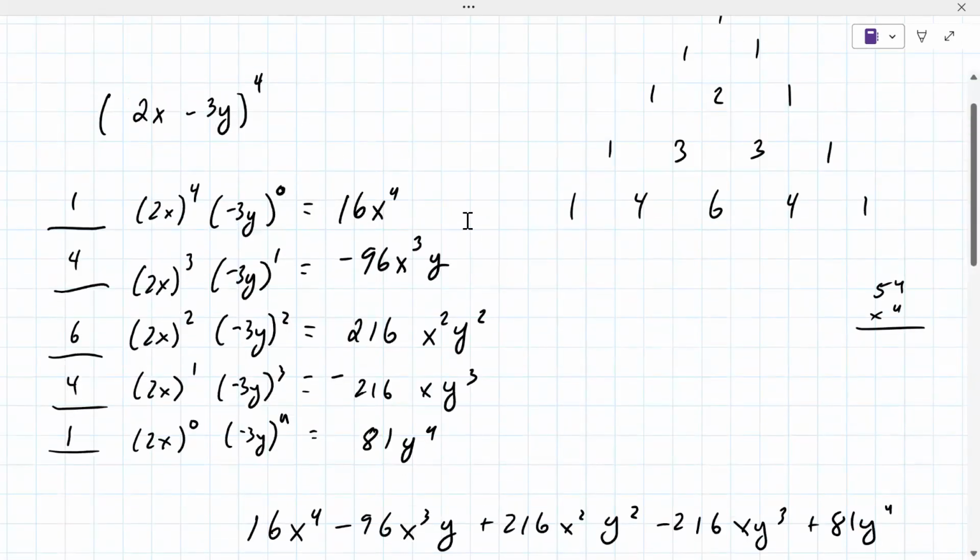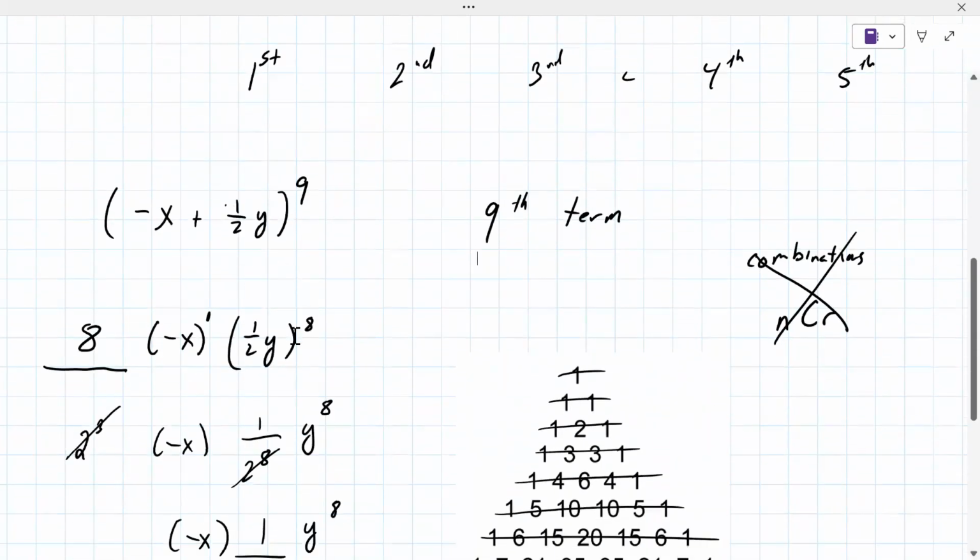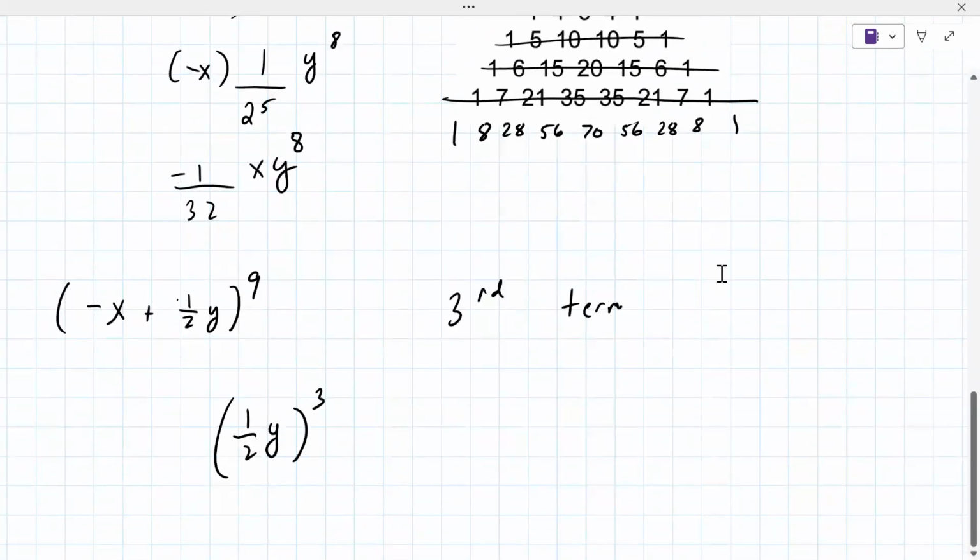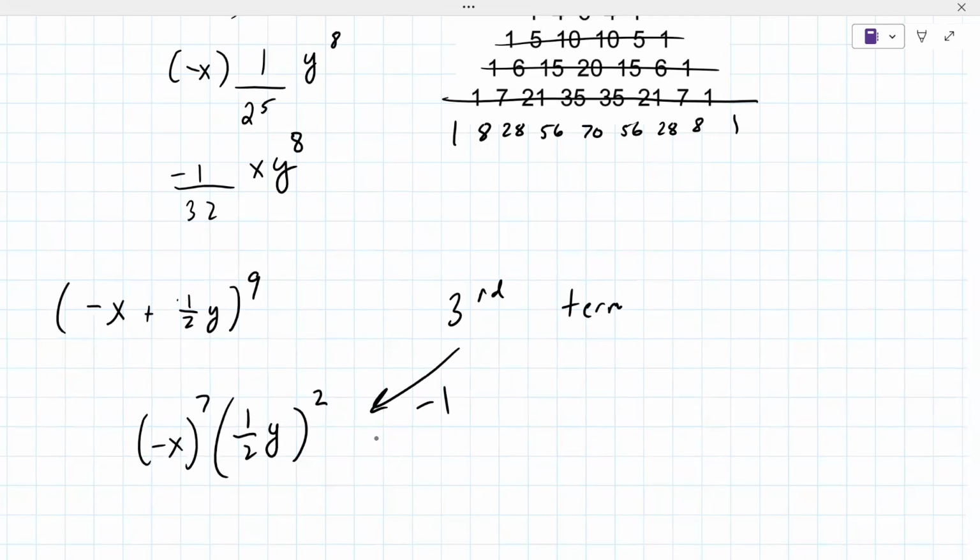0, 1, 2. So the first term is to the power of 0. Second term is the power of 1. Third term is the power of 2. So you have to remember that it's like subtracting 1. So it really means that this is to the power of 2, and the other one is to the power of 7. It's always minus 1 because the first one starts at 0.